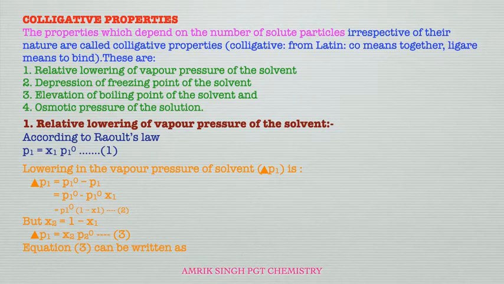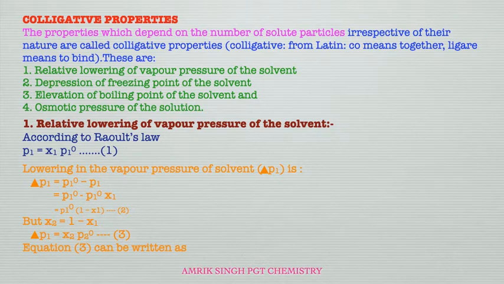Putting the value of P1 from equation 1 and taking P naught 1 common, we get P naught 1 into (1 minus x1), equation 2. Now, 1 minus x1 is equal to x2. Putting this value in equation 2, we get delta P1 equal to x2 P naught 1, equation 3.